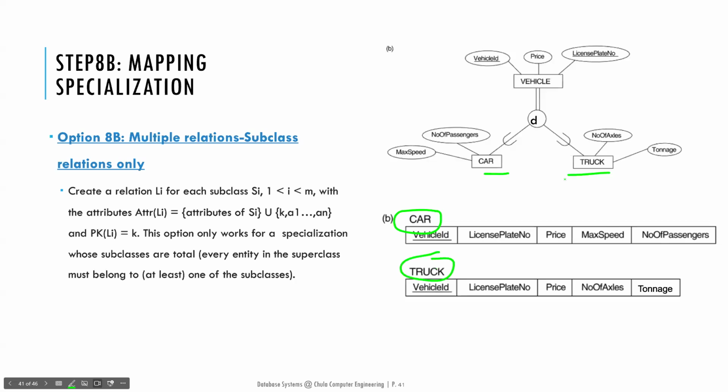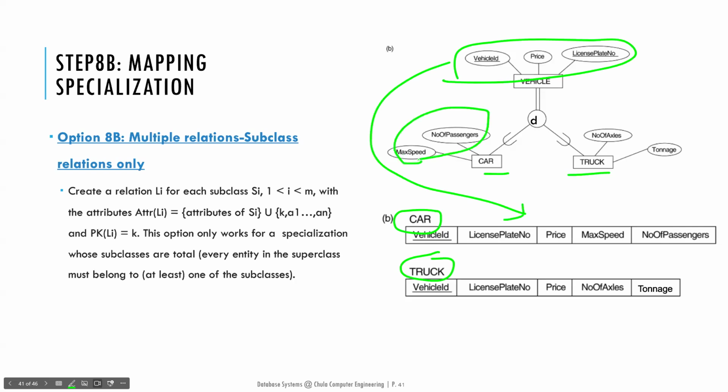But now what you do is that you take all of its parents or the superclass attributes into it, plus the attributes of its own. That's why the car one has these 2 and these 3. So now you have 5 attributes altogether.